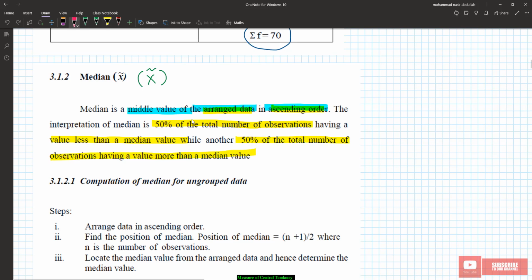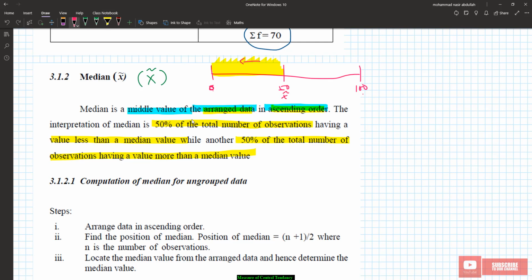So just put it like this. This is the number, right, from 0 to 100? So the median value is the middle value of the arranged data, which means that we already arranged the data from the smallest value to the largest value. So 50% of the data have values less than the median value.